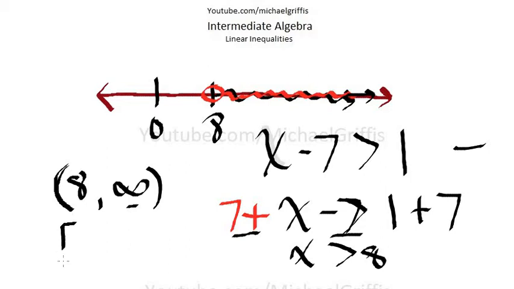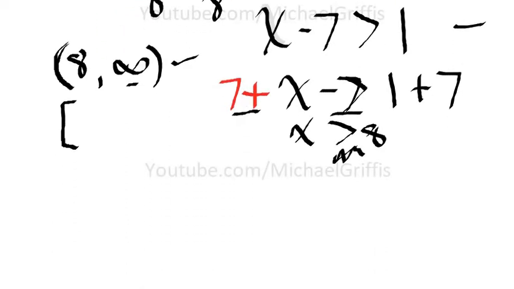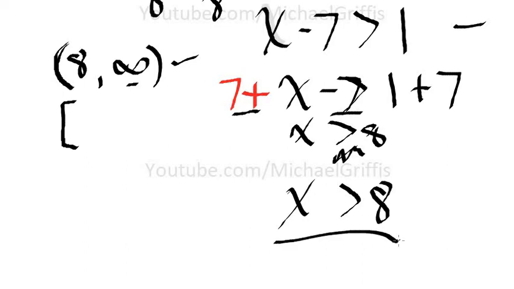If we were including 8, I would use a bracket, meaning there would be a line underneath saying the equality requires that we include 8. x is greater than or equal to 8, but in this case it's not. So this is x is greater than 8, and we could write it like this or like this.